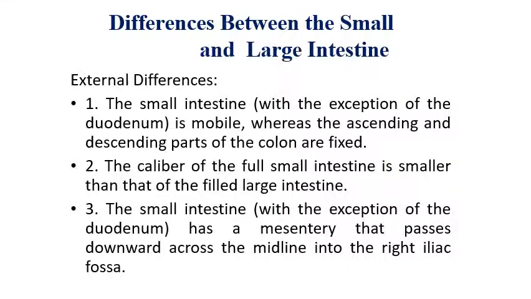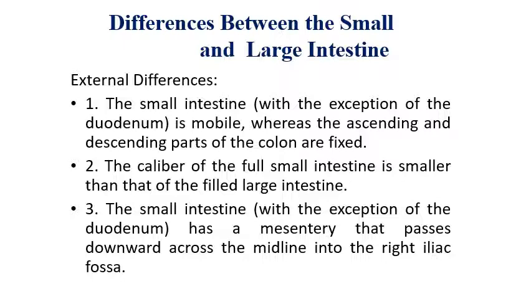So large number of differences, they occur between the small and large intestine. What are the external differences? The small intestine, except duodenum, is mobile, whereas the ascending and descending parts of the colon, they are fixed. Means the small intestine is mostly mobile, while the large intestine is fixed.